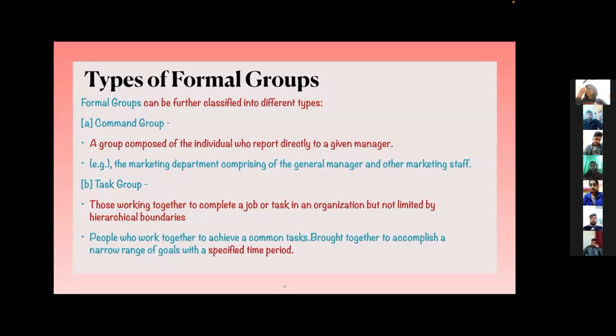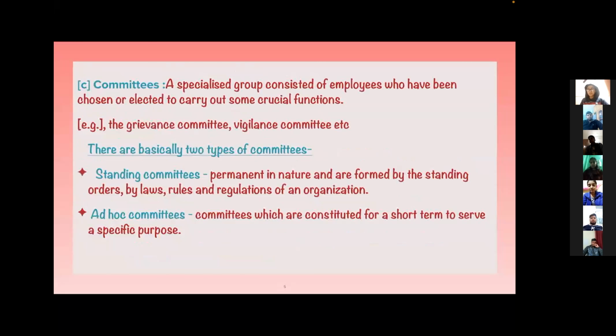In a company, there is a head under which there are employees, and then there are the subordinates. These subordinates report to the employees and they report to the head. So there is a hierarchy which is followed for reporting their task. This is a command group. Whereas in a task group, there is no hierarchy. Just a project is given to the team and the team members have to complete the task in a specified time period, regardless of ranks or positions.